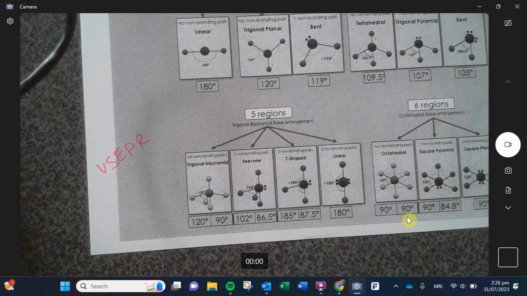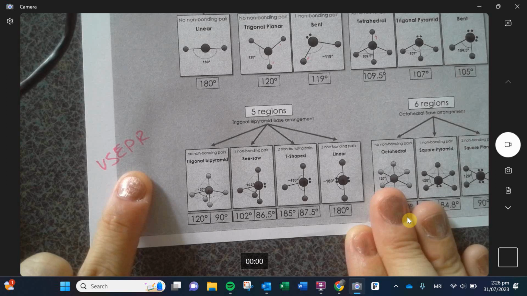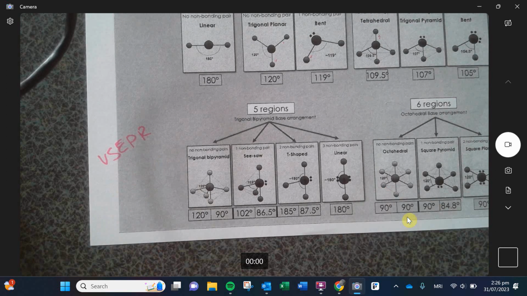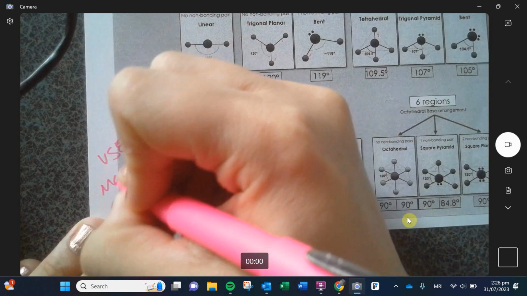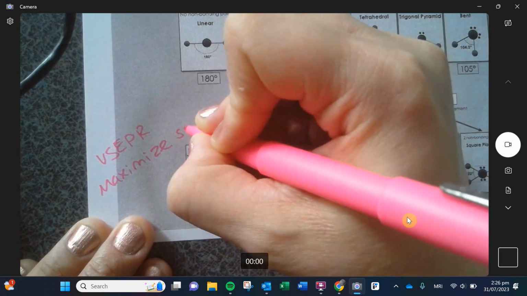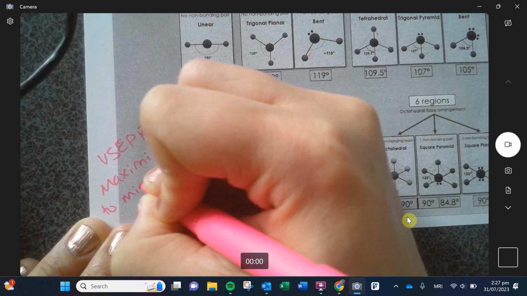VSEPR theory, if you remember, stands for valence shell electron pair repulsion. What you're thinking about there is that these electrons are trying to maximize the space apart from each other to minimize repulsion.